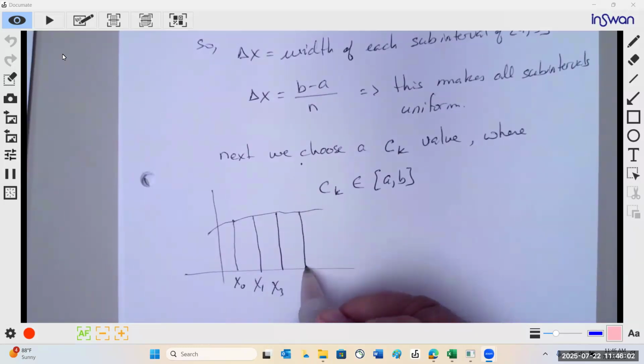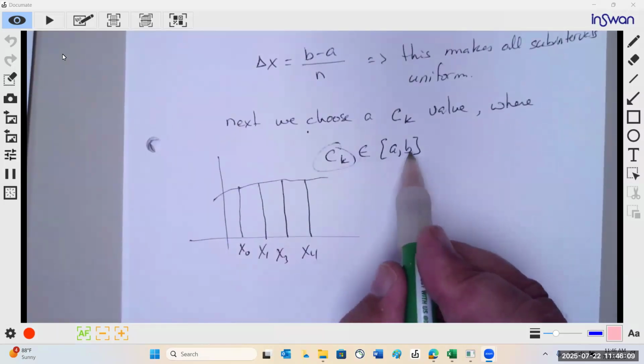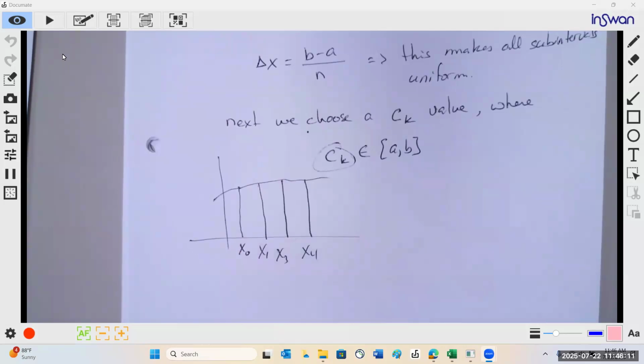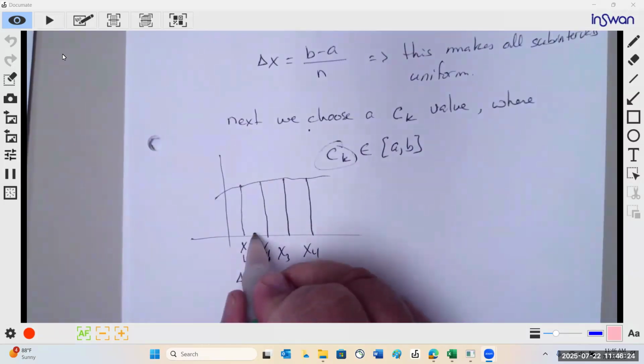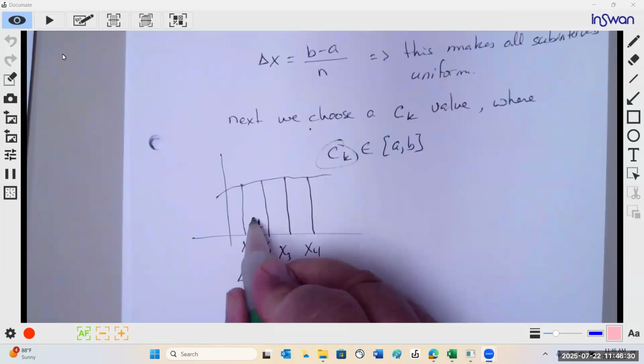Why do we need C sub k? C sub k is an interior point of each of these little subintervals. So this is delta x. It's the interval containing x sub 0, x sub 1. Inside there, I pick a point. That's C sub k. Or in this case, it's C sub 1.